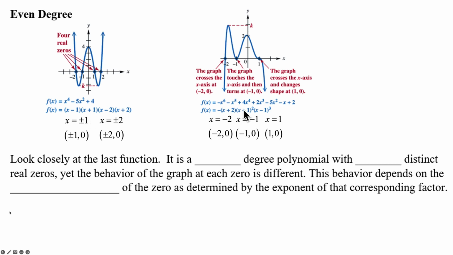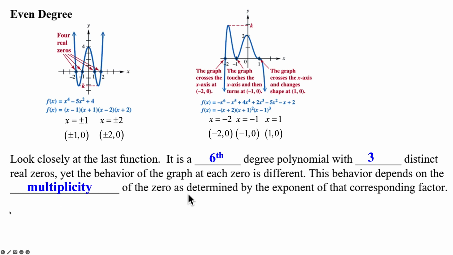That's because both binomials are raised to a different power. That's important to understand because that's going to take us to our next concept here. So again, looking at this one really closely, it's a 6th degree, but it has 3 distinct real zeros. But each x-intercept acts differently.